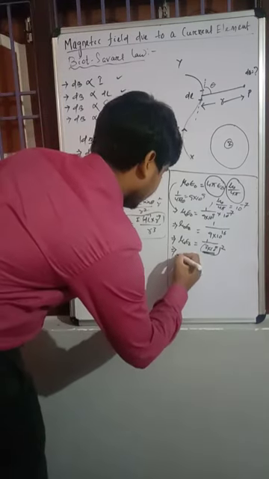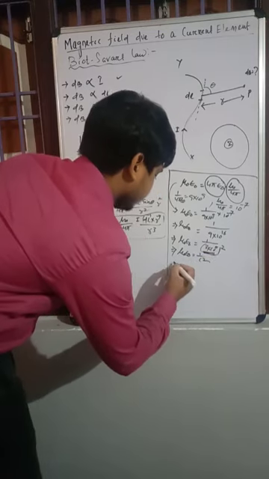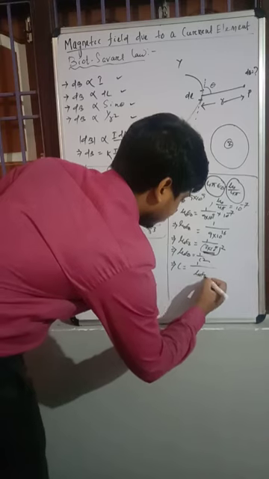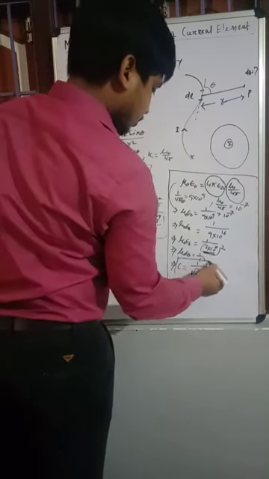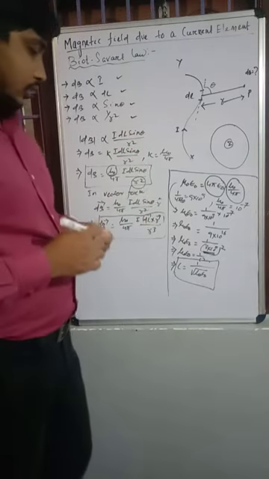So I can say that mu naught epsilon naught is equal to 1 by c square, or I can say that c is equal to 1 by root over mu naught epsilon naught. So this is the relationship between the permeability and the speed of the light. Very important one.